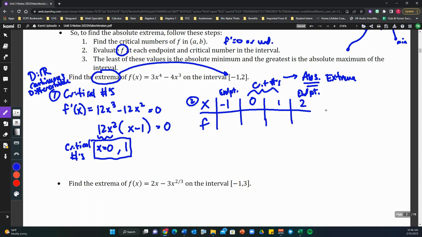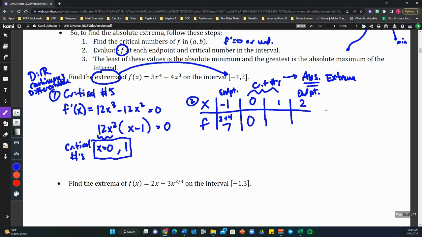This is just some plug and chug. Plugging -1 in there will give me, remember, a negative raised to an even power creates a positive. So this would give me 3 minus, and a negative raised to an odd power creates a negative, so this is actually going to switch to a +4. So I get 7 for that one. 0 going in is easy.